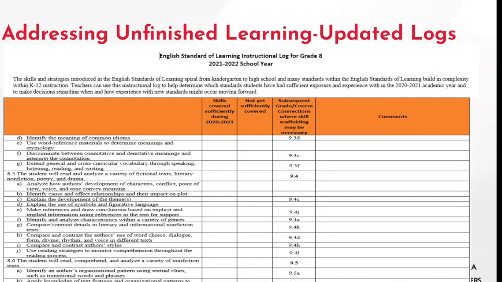Let me call back down or email to the middle school or whatever grade level is before and say, how much do you think we need to work on this in terms of what was addressed and what was not? So you can use these however are most helpful for you, but they are there, and it's a good guide to just kind of see those connections between grade levels when thinking about how to fold in that unfinished learning that is going to be hitting us in the fall.